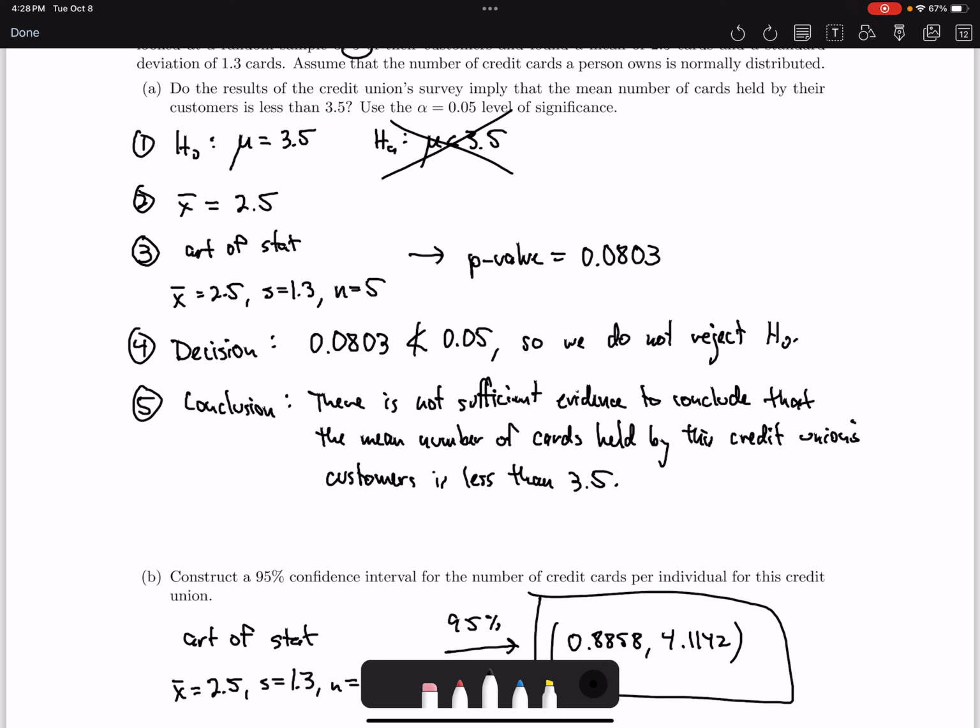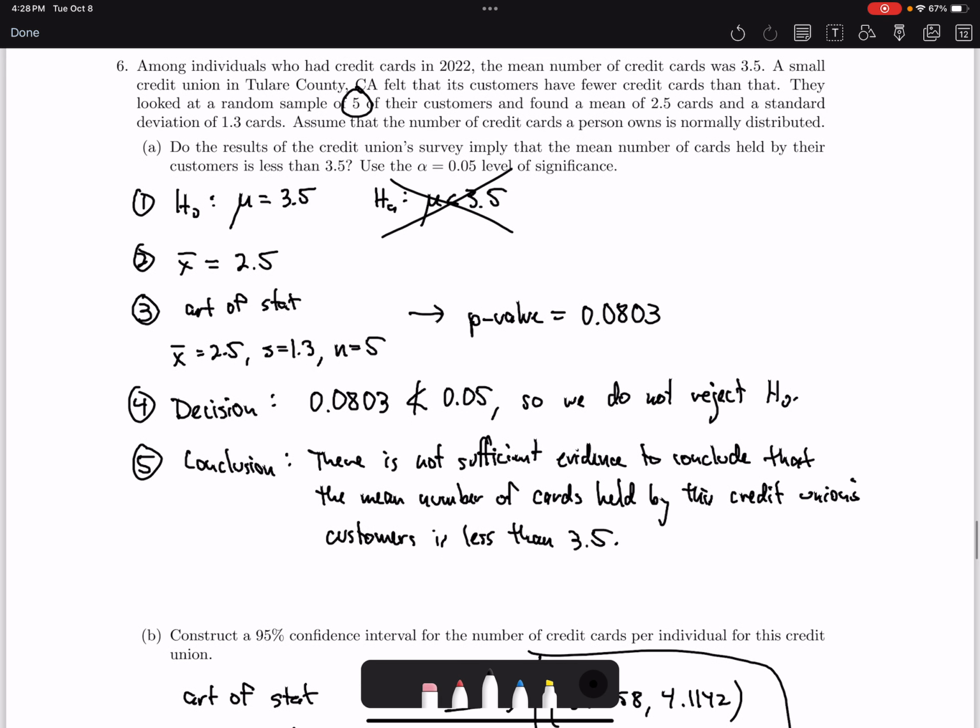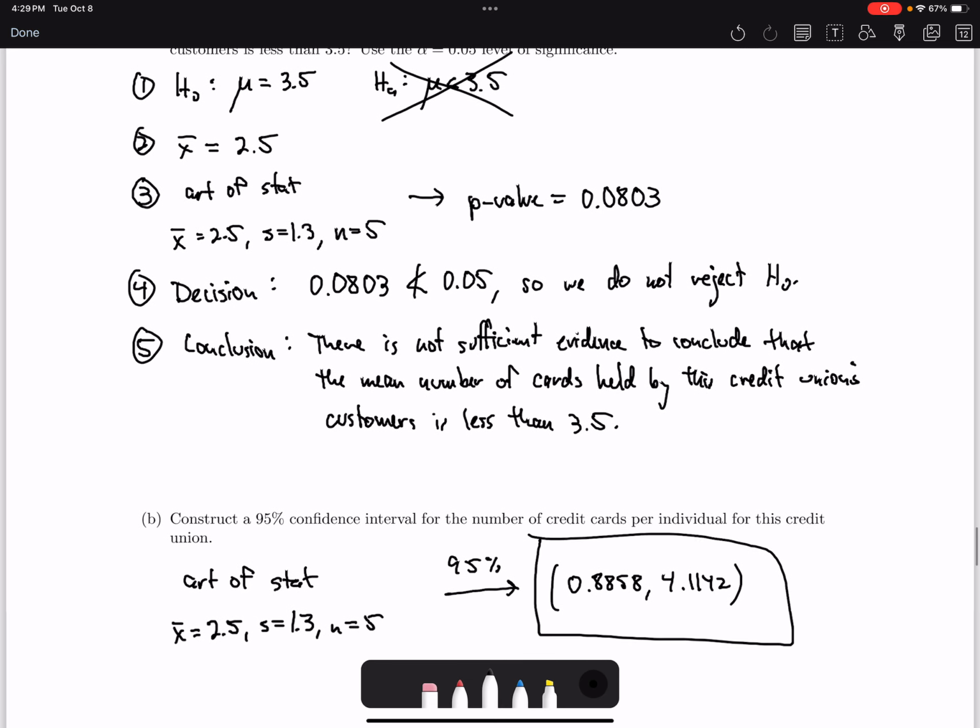What this tells me is that if this bank manager just increased their sample size a little bit, they would have a smaller p-value. Assuming they were able to still get a sample mean of 2.5, if they had this with a sample size of 10 instead of 5, they would almost certainly be rejecting the null hypothesis here. So in this case, I think the reason we're not rejecting the null hypothesis is only because of a sample size issue.